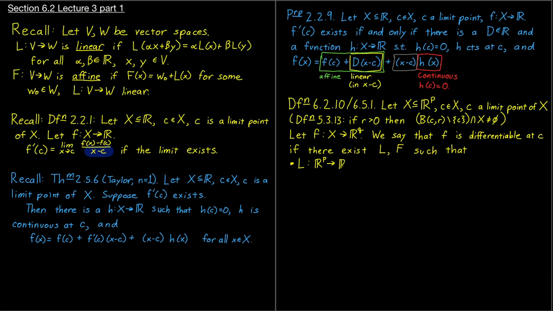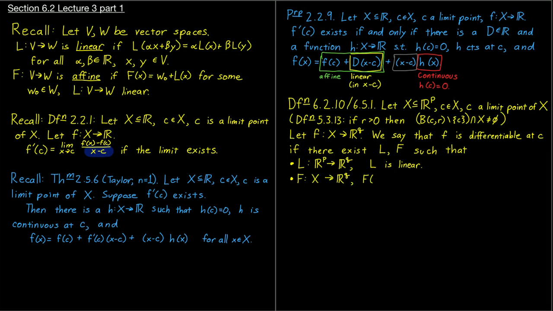It's going into RQ. Its domain needs to be a whole vector space, so its domain is all of RP. And L is going to be linear. And F has the same domain and range as our little f.